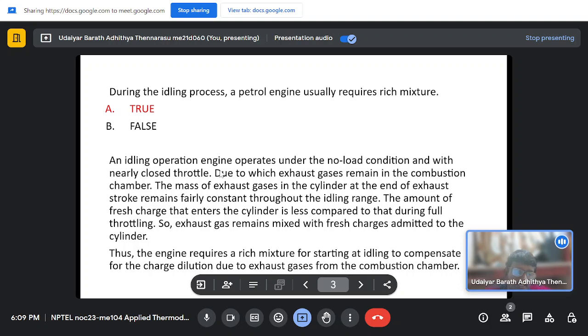If you send in a lean mixture, the fresh charge coming in, the fuel with the air, is already lean, the amount of fuel in the air is already less, and less charge is coming in because the throttle is nearly closed. Then it gets diluted again with the exhaust gas present in the cylinder, and the engine may cease to combust and stop. So to avoid that, you send in a rich mixture. Hence during the idling process you require a rich mixture.